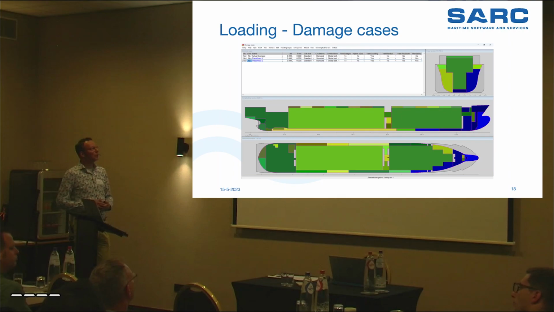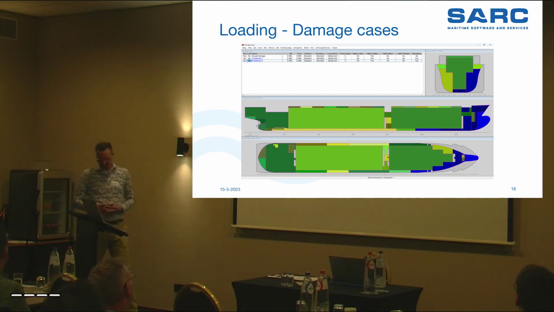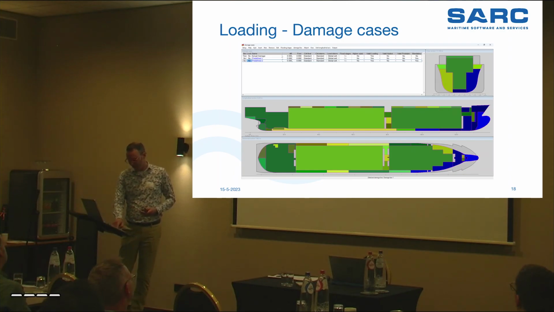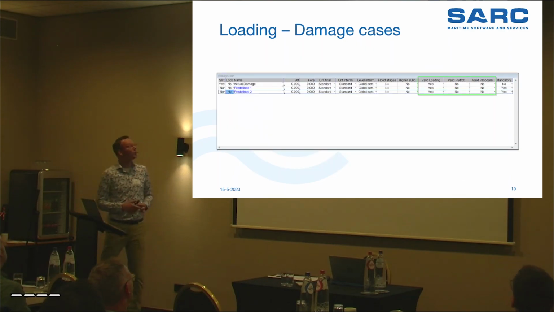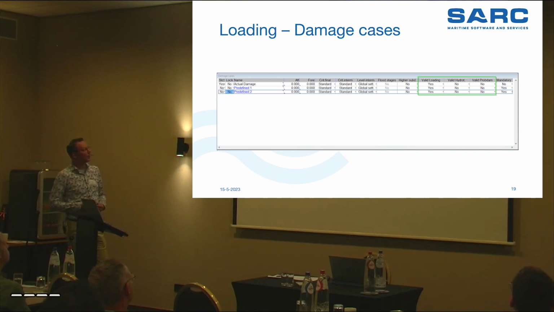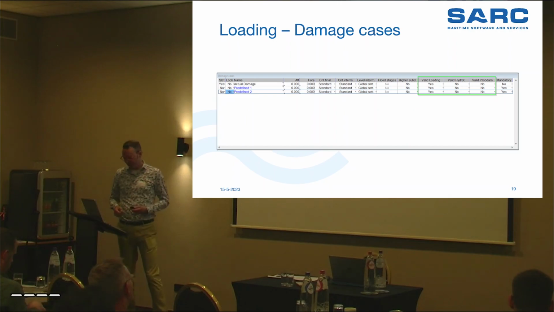They can be used for hydrostatic calculations in hydro tables, and they can also be used in PropDam or maybe also in 3. And the selection can be made here. And a little bit zoomed in, it looks like this. In this selection columns, the user can select or deselect the calculations to which the damage cases should be used.